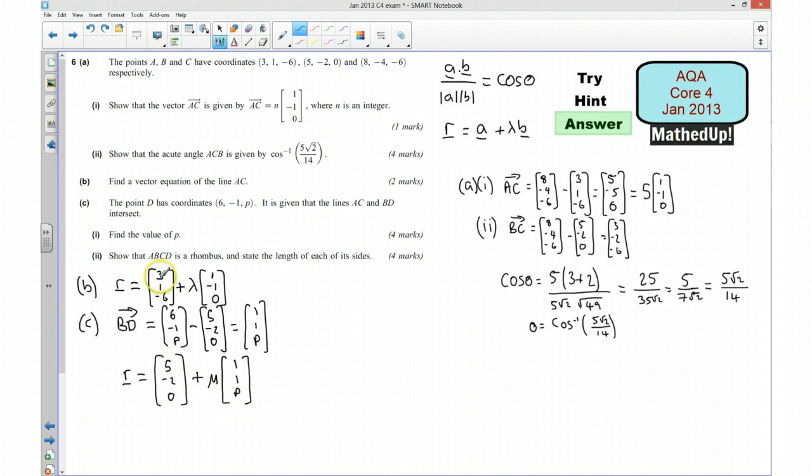So I'm going to write this here. In order to solve them simultaneously, I'm going to say that this bit here is going to be equal to this bit here, but I'm going to write them as single vectors.